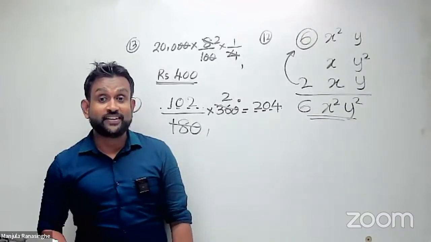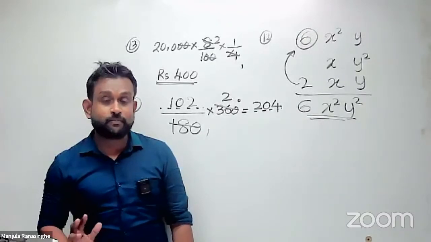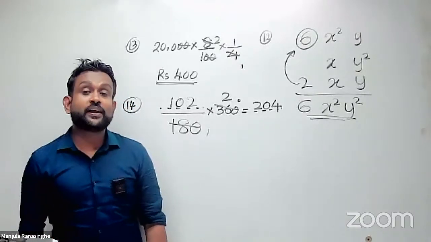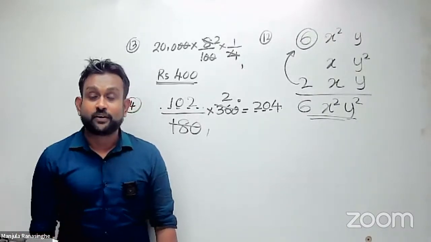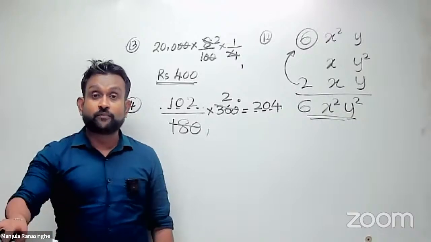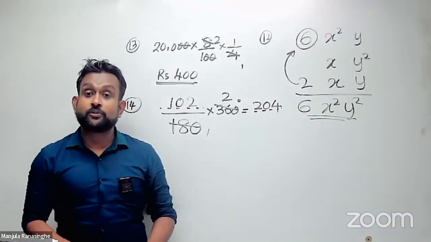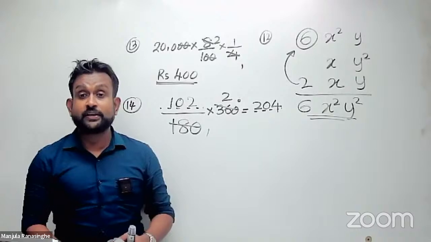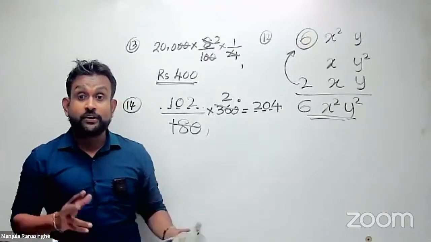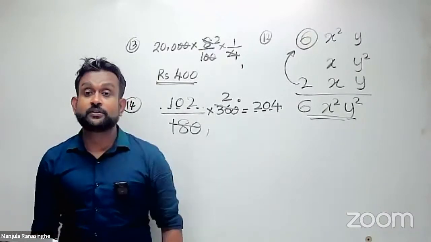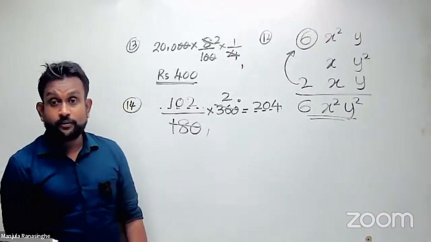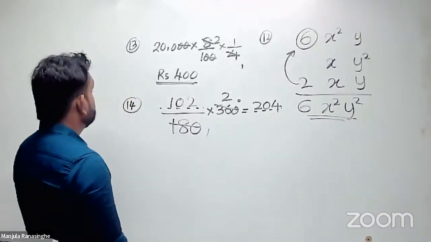So work hard and get a solid pass. A solid pass means I am targeting more than 90 for everyone. You can do it. From my side I am dedicated to that, so you also need to be dedicated yourself, then only are we joining and the results determined. So that is done.